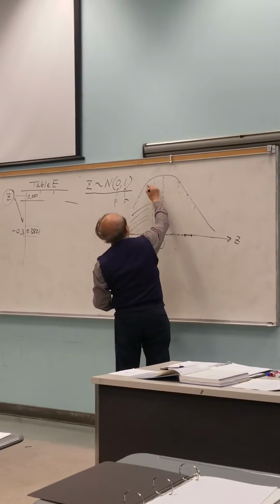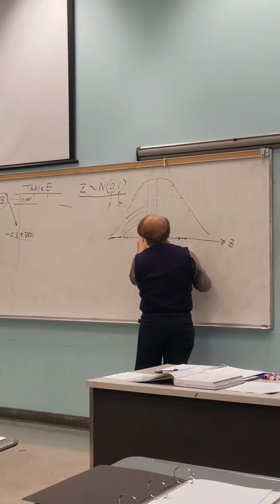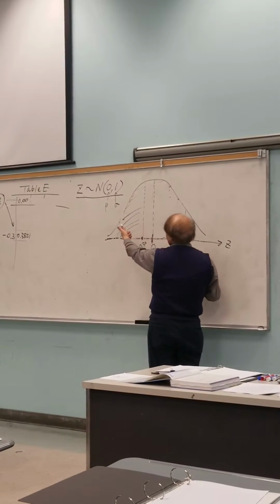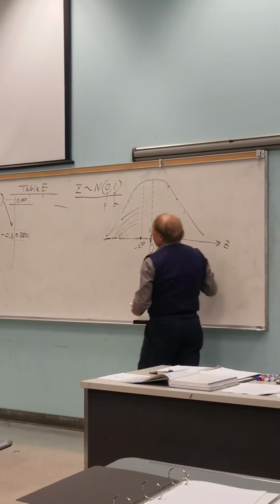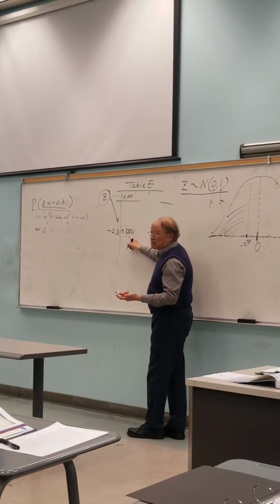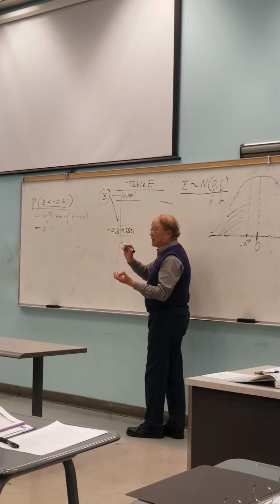The answer equals the area to the left-hand side of this point. Is the area more than half or less than half? Must be less than half, right? The actual answer is this. So it must be less than half, and actually it's 3/8, right?